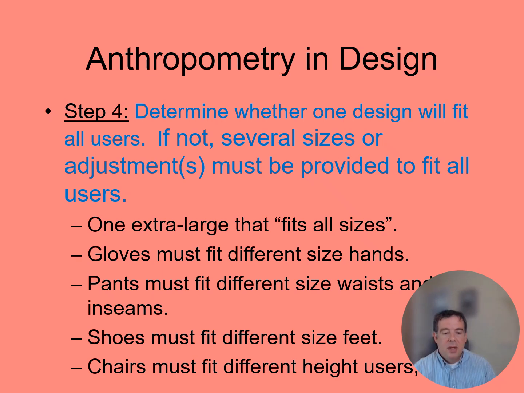Pants, we have different measurements for males and females. The same goes with chairs and shoes. So usually one size fits all is not a general guideline. Usually we have at least 3, if not a range.